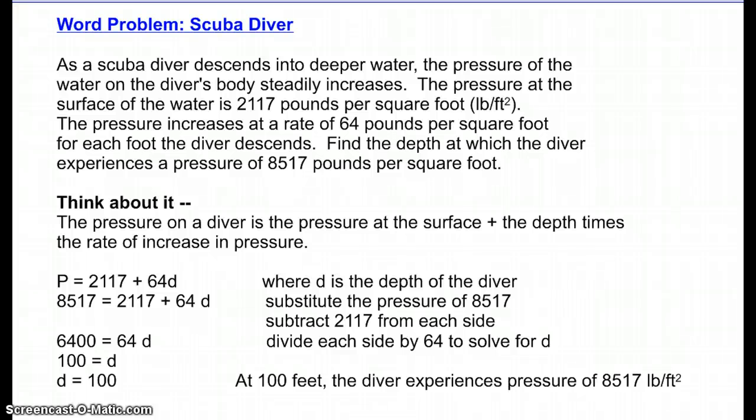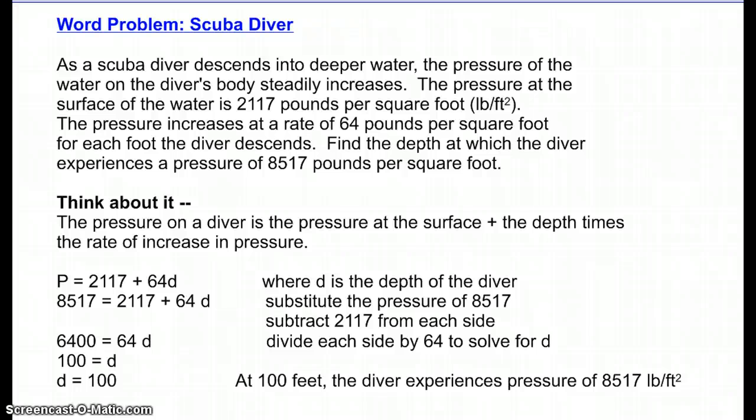So I rewrote this as an equation where P equals total pressure, and that is the 2,117 pounds per square foot on the surface, plus 64 pounds per square foot for every D, where D is the depth of the diver. So for every foot, we're going to multiply it by 64 and then add that to our original pressure.